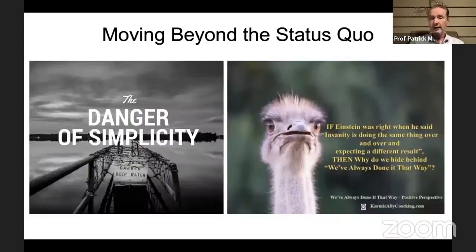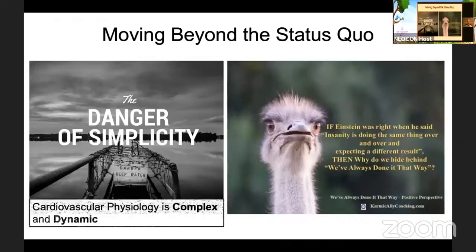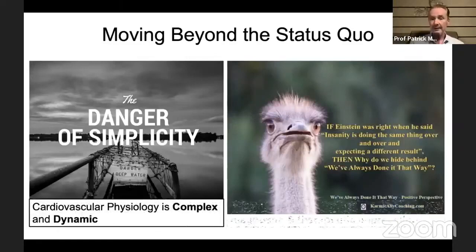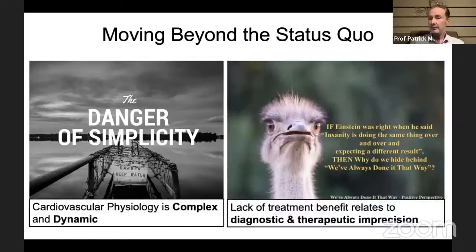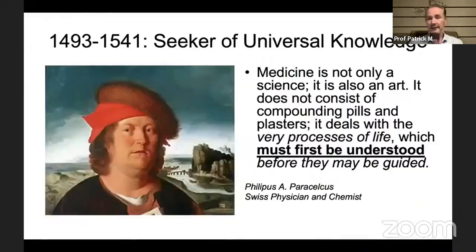And unfortunately, we try to make something that is incredibly complex simple. There's nothing simple about cardiovascular physiology. It's incredibly dynamic. Secondly, if we want to have an enhanced approach to care, it's important to focus on not just providing care, but providing the best care, which requires enhanced diagnostic and therapeutic precision. This is not rocket science.